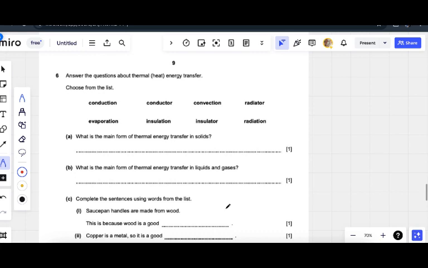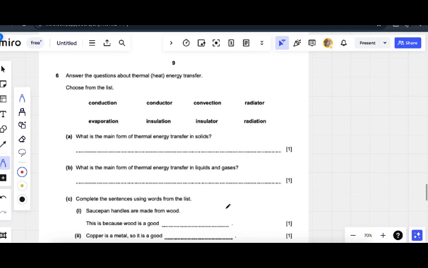Radiation is the method by which the heat from the sun reaches us, heat transferred through electromagnetic waves. Conduction is the heat transfer in solids, by vibration.